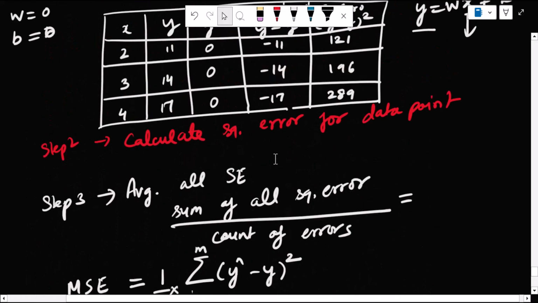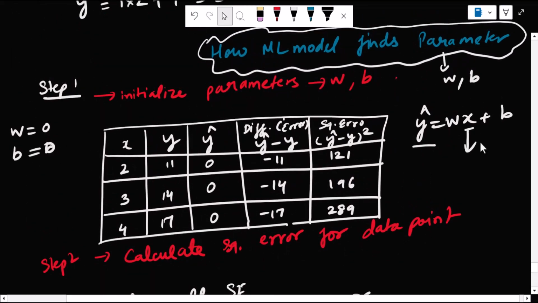Now we have to again look at these data points. W and B, which is the value of parameters which we have chosen, is deciding the error and hence the cost function.